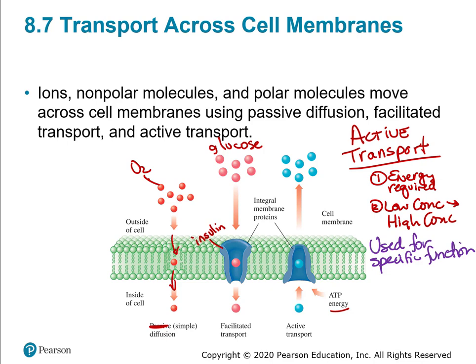Does anybody remember in their A&P class when they had things that ended up getting pumped into an area so they were at high concentration? So the term gradient was used, or imbalance was used.